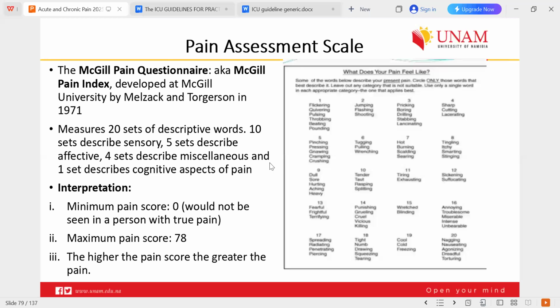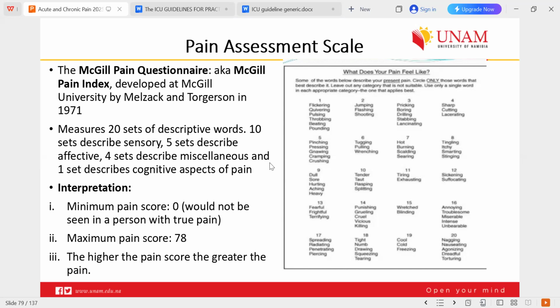Note that in interpreting the McGill Pain Index, the higher the pain score, the greater the pain. On the right side, you can see the different descriptive words that are used: flickering, quivering, pulsing, throbbing, beating, pounding, jumping, flashing, shooting.